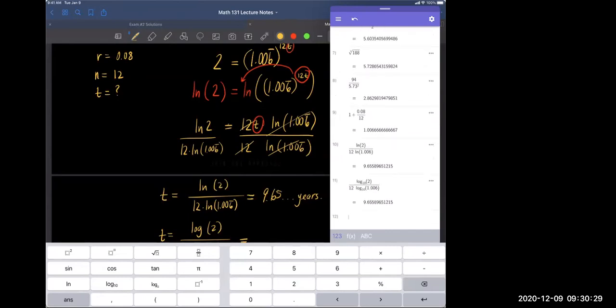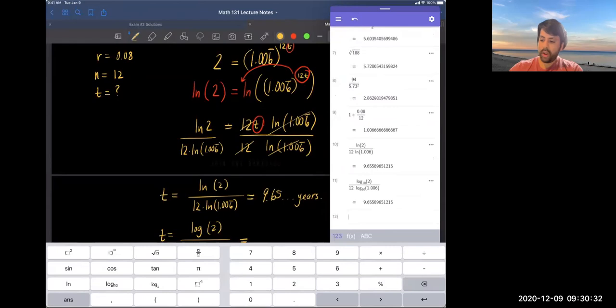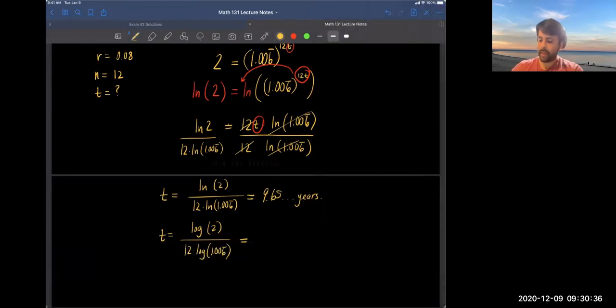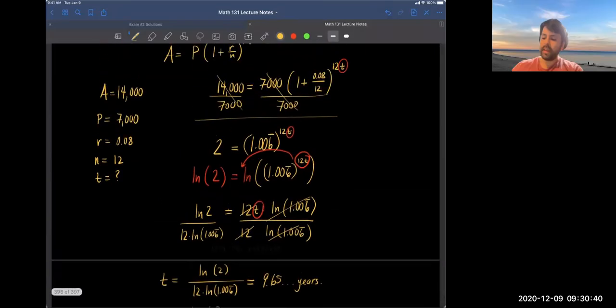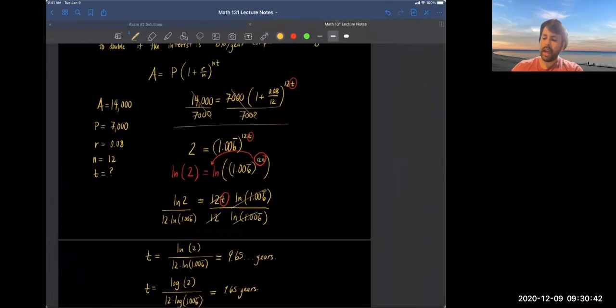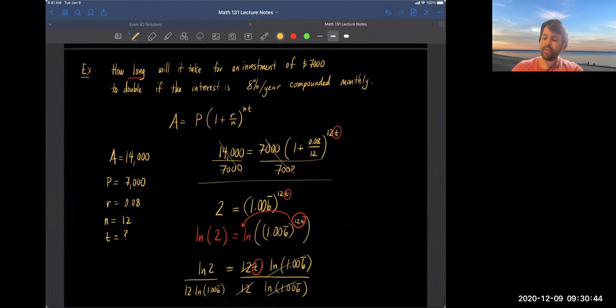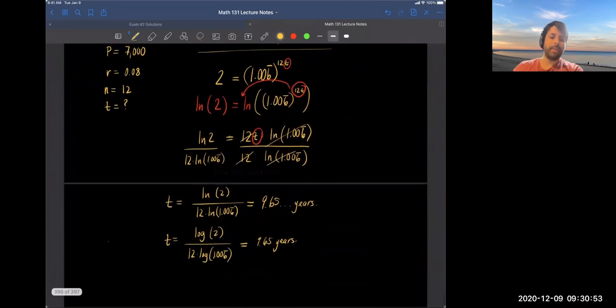So it doesn't matter what log base you use, as long as you use log, you should be good. So it would take this investment at an interest rate of 8% compounded monthly 9.65 years to double.